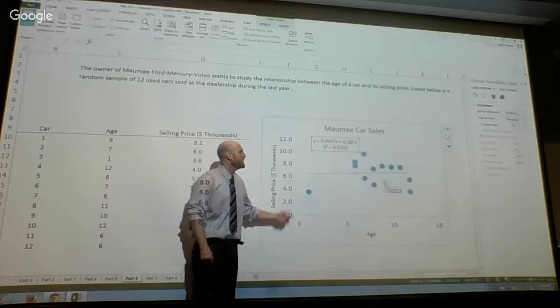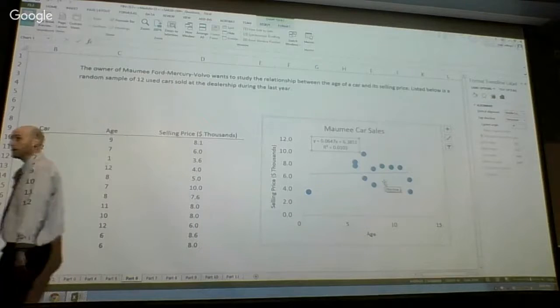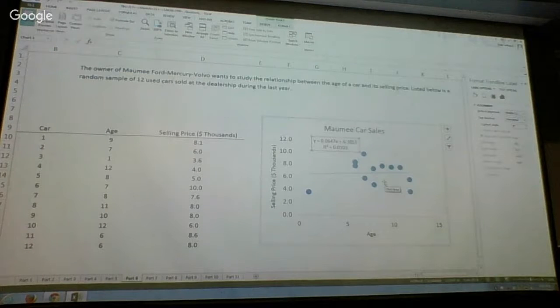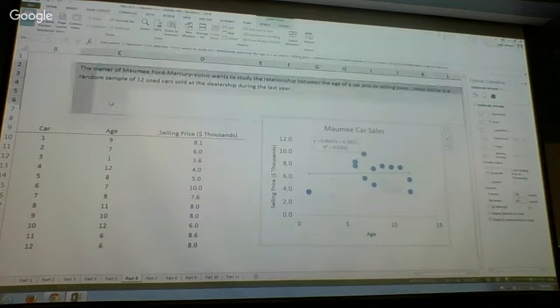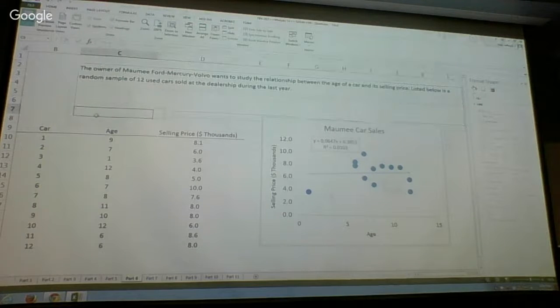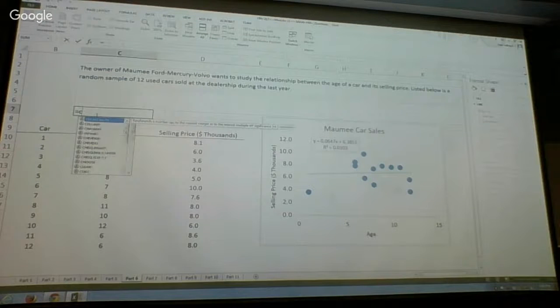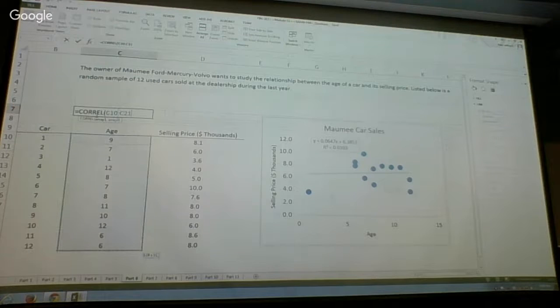There's only 12 observations here. A correlation of 0.1, which is effectively what we have here. The correlation between the age and the selling price of 0.1 is not very large.